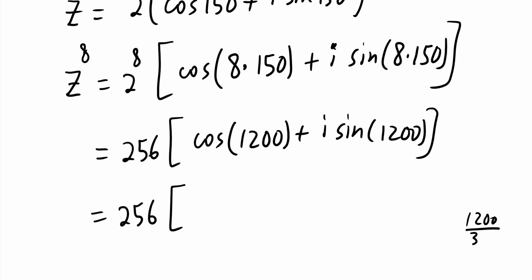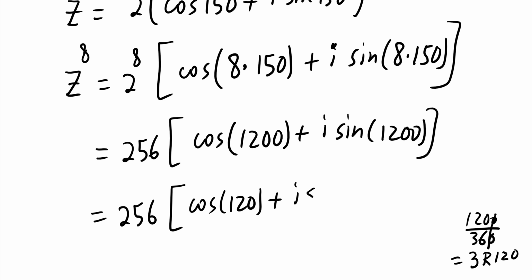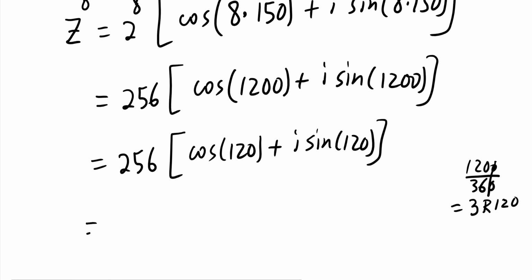So basically divide by 360. You can go 360 three times and that will leave a remainder of 120. So that would be the same as cosine 120 plus i sine 120.